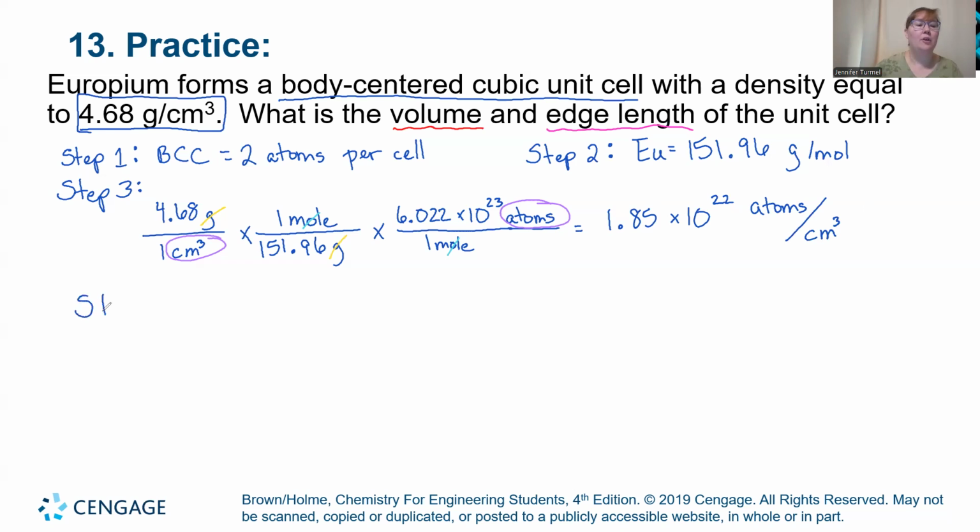Now, step 4 for this problem is to set up a proportion to find the volume of the atoms in a unit cell. And we're going to do that by doing 1.85 times 10 to the 22 atoms per 1 centimeter cubed equals, that's a proportion.